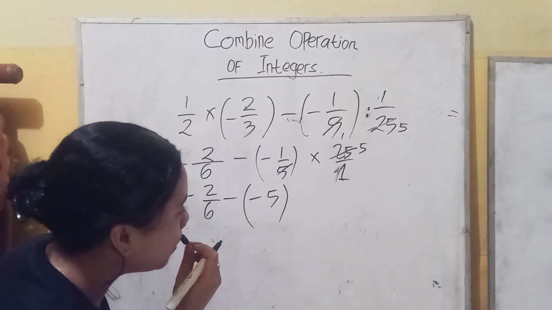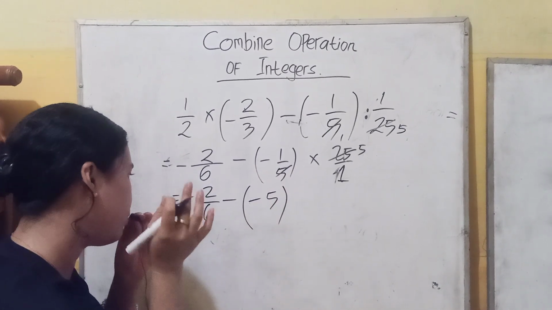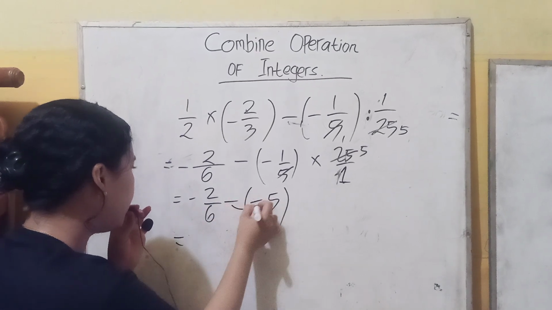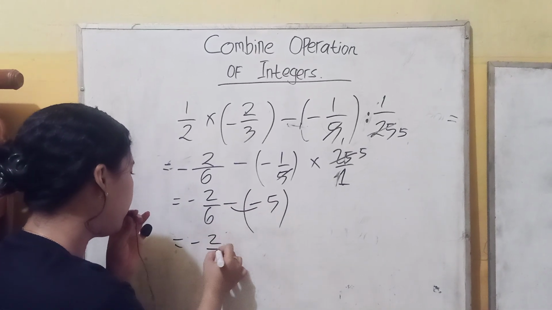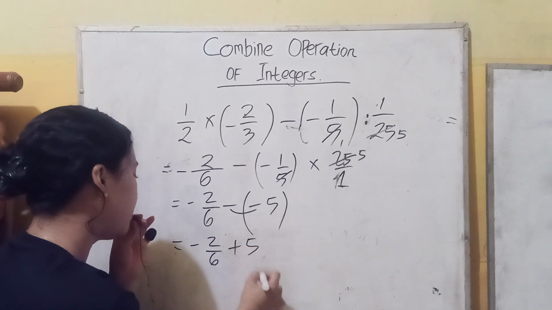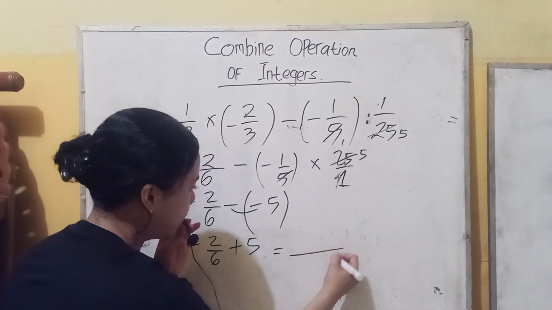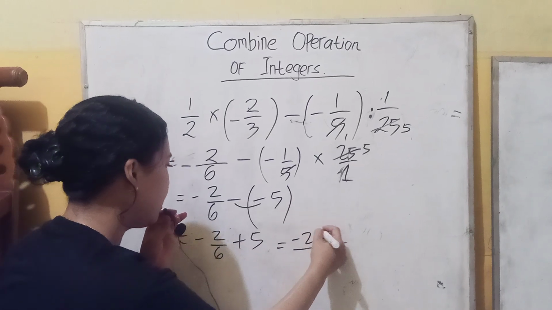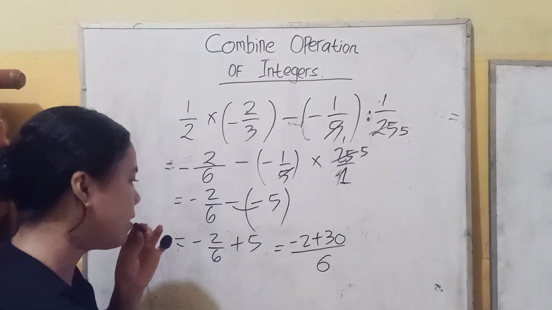Okay, so far any questions? If you have questions, you may ask in the comment chat. So negative times negative is positive, right? So -2 out of 6 plus 5. So that one will be equal to this one 6, right? So -2 then plus 30. Is there any questions?